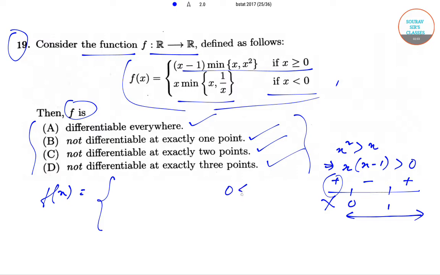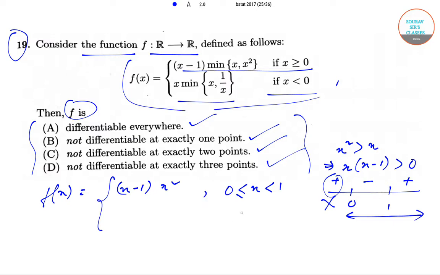So if x lies with 0 less than or equal to x less than 1, then this is given by x minus 1, and in this interval x square is less than x, so the minimum value is x square.